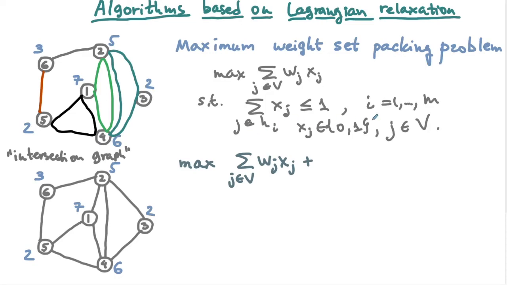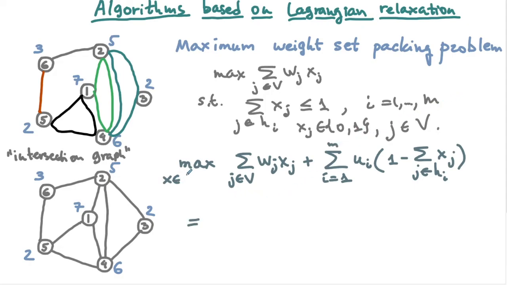So we introduce the dual variable ui that corresponds to the hyperedge hi, and we have the summation of ui multiplied by 1 minus the summation of xj for each hyperedge, for all i between 1 and m. So yeah, we have m hyperedges. The maximization is over all the binary vectors.